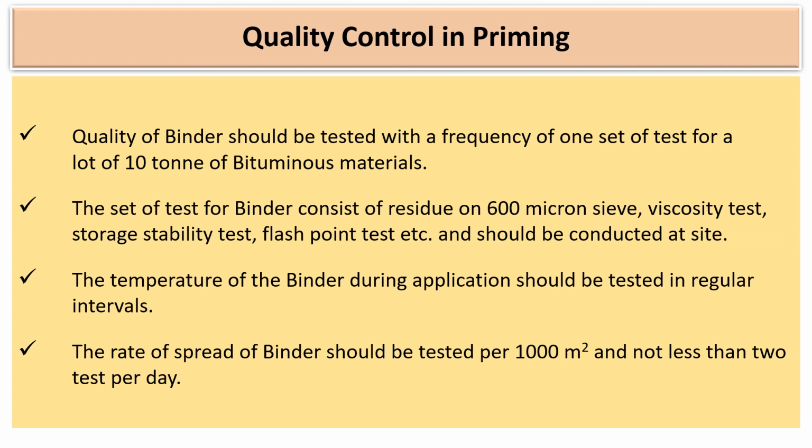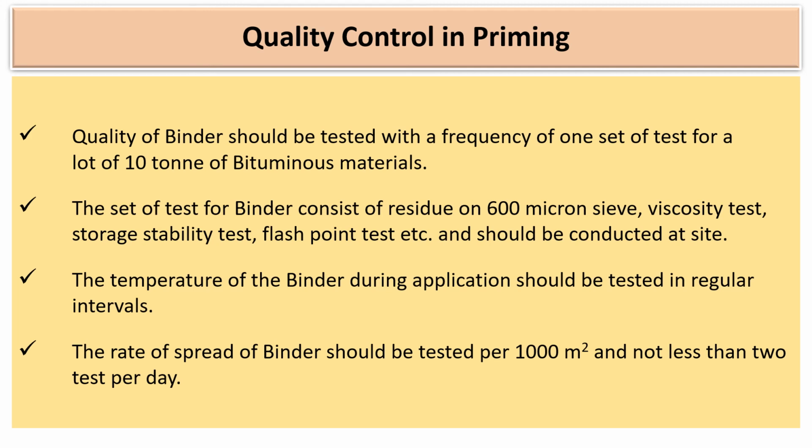Similarly, quality control in priming needs testing and verification of construction materials in use, along with testing of quality of work as per the intended specifications at site.